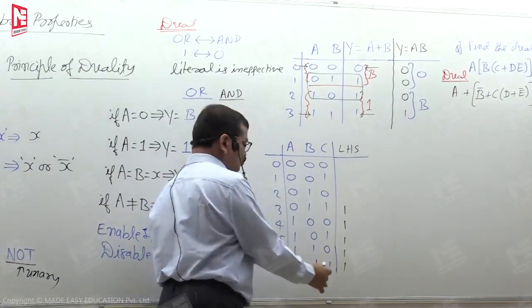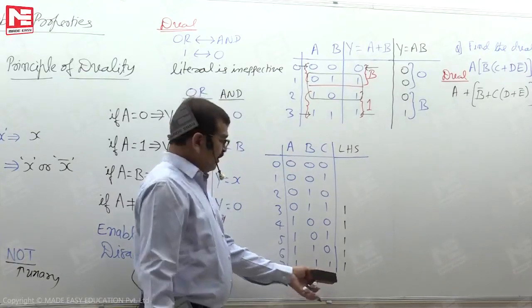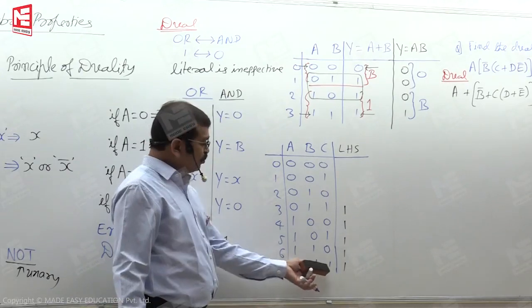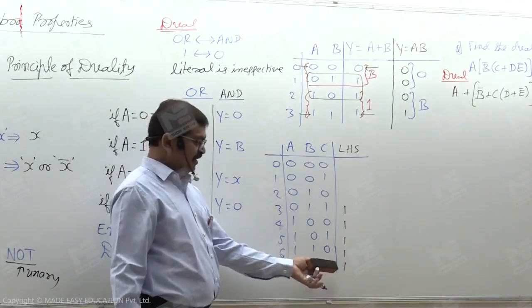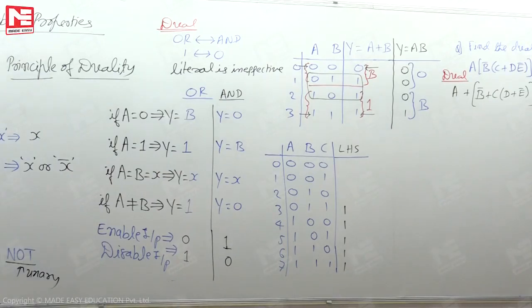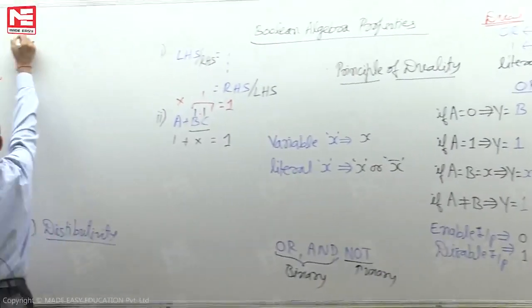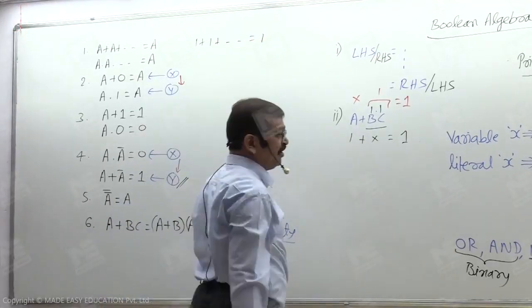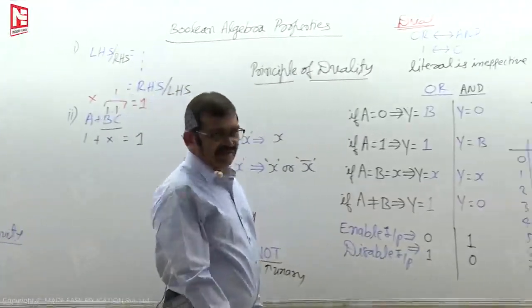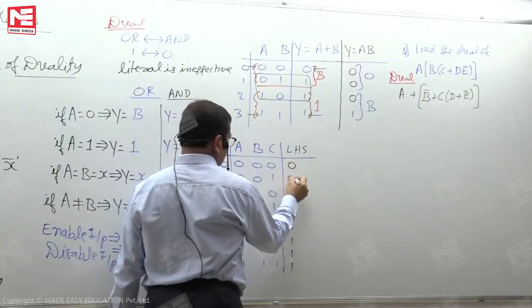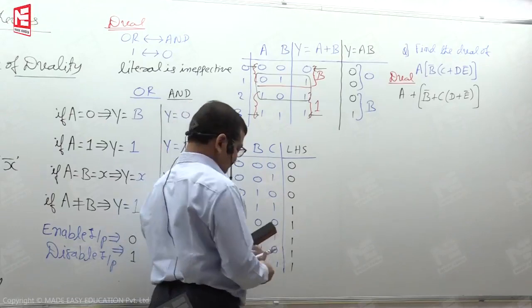For the last row also B and C is 1, but we already mentioned this result is 1 because of A. So no need to write it once again, because based on this property, 1 or with 1 any number of times is 1. And of course, at other places the result is 0.